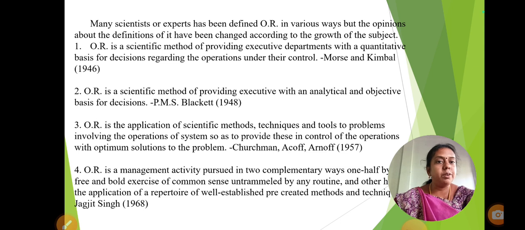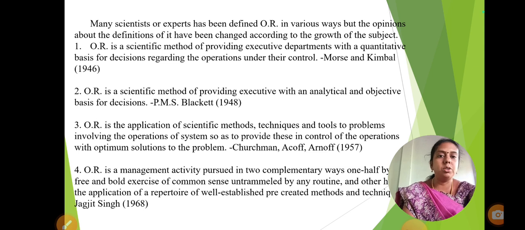In 1948, Blackett defined OR as a scientific method for providing executives with an analytical and objective basis for decisions. Ackoff and Arnoff defined OR as the application of scientific methods, techniques, and tools to problems involving the operation of a system, so as to provide those in control of the operations with optimum solutions to the problem.